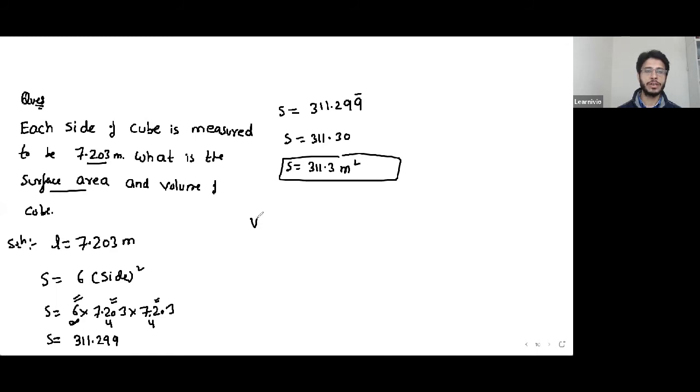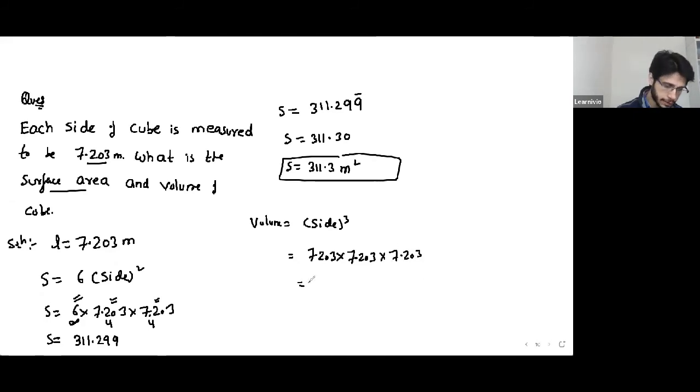Similarly, when you are calculating volume, volume is side cube. So that's 7.203 multiplied by 7.203 multiplied by 7.203.